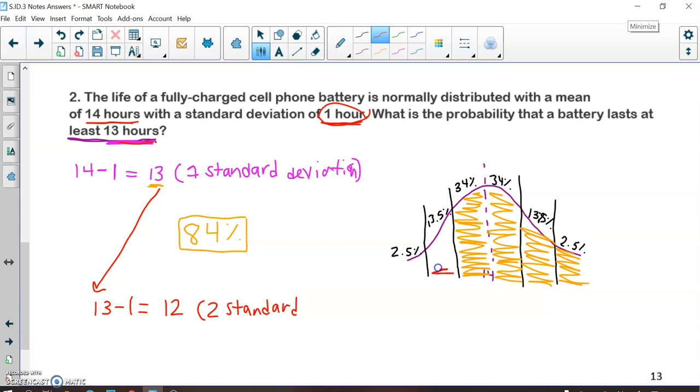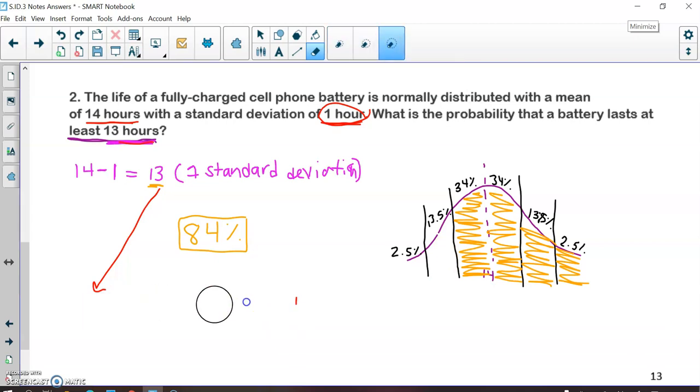Then I would be including this amount as well, because that's 2 standard deviations below the mean. So keep that in mind as you're working through these normal distribution problems. Basically, it will help you visualize this by drawing your bell curve and knowing the percentages and where they go. All right, that brings us to the end of this lesson.